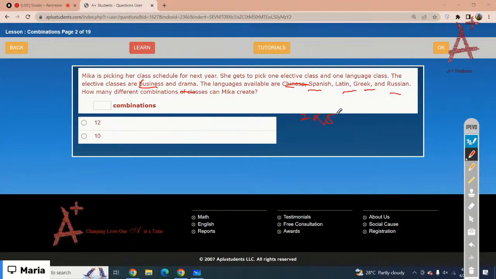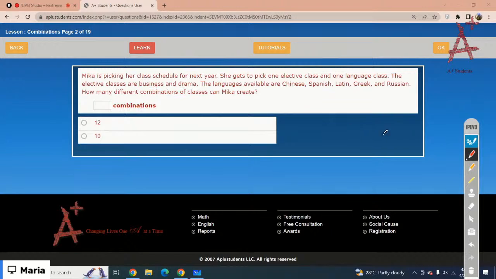So it would be 2 times 5: two options for the classes and 5 options for the languages. 2 times 5 equals 10.